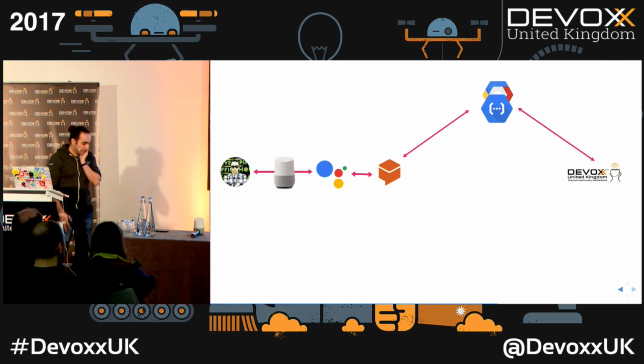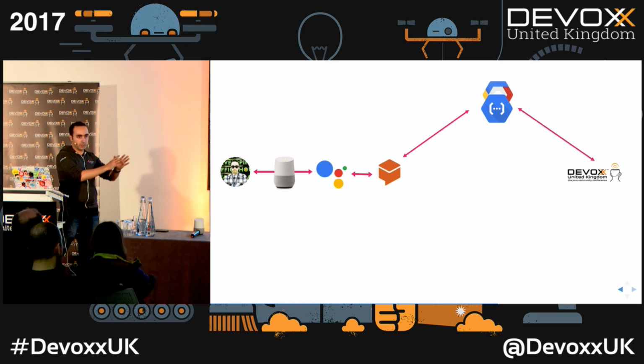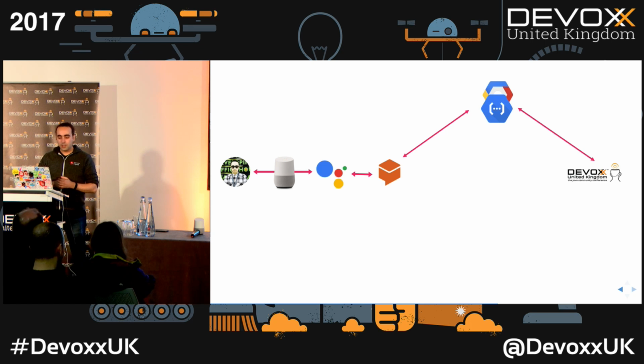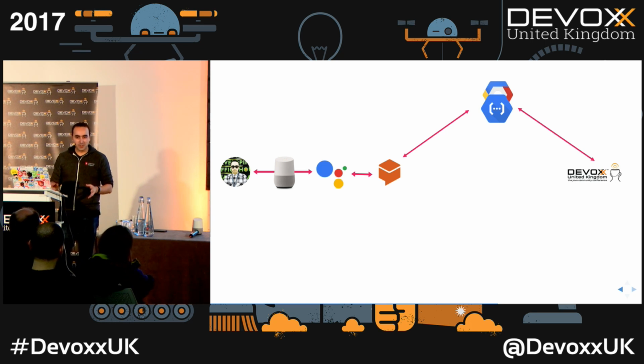For the developer experience, Cloud Functions run on the cloud, so you need to deploy your function to the cloud. But during the development process, this might take a couple of seconds, probably 10 or 30 seconds, to deploy your function and run it, and 30 seconds is a lot when you're coding.